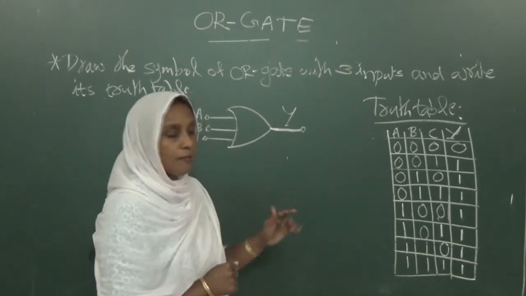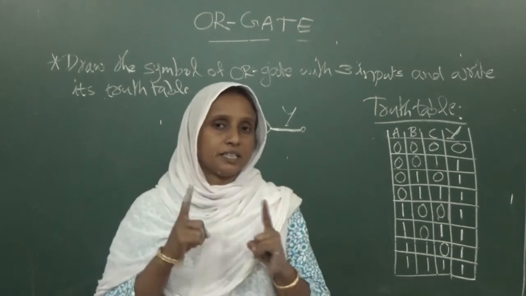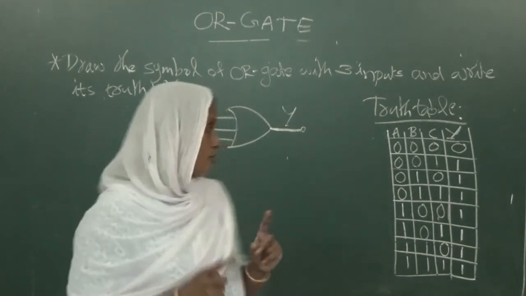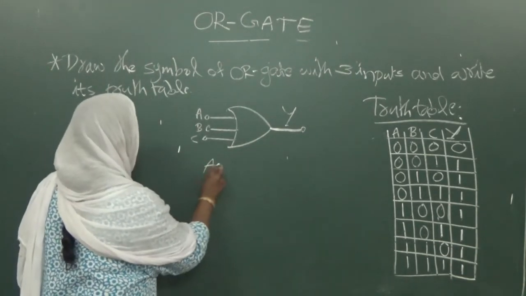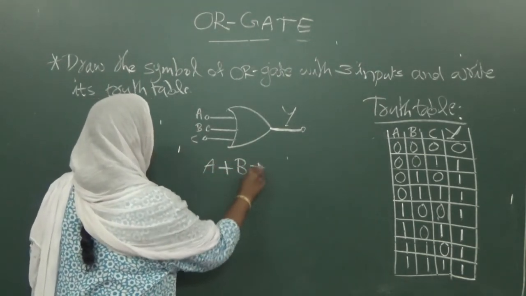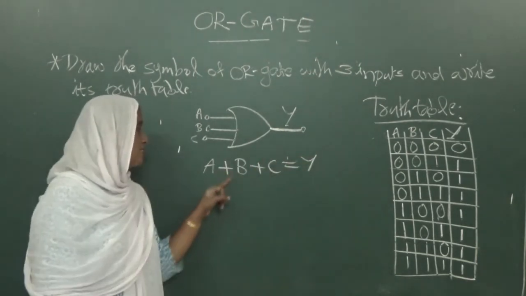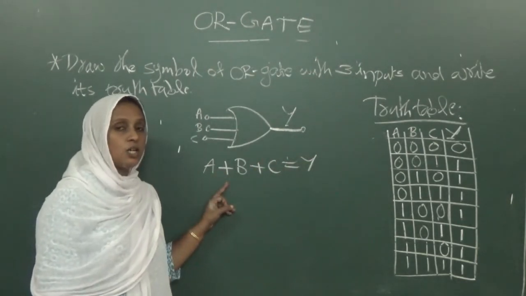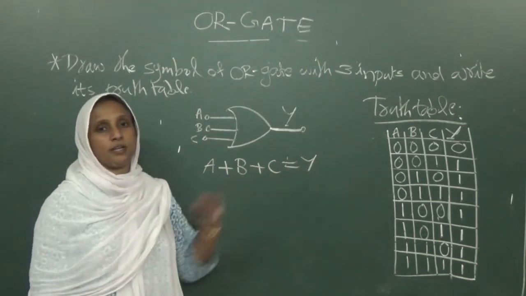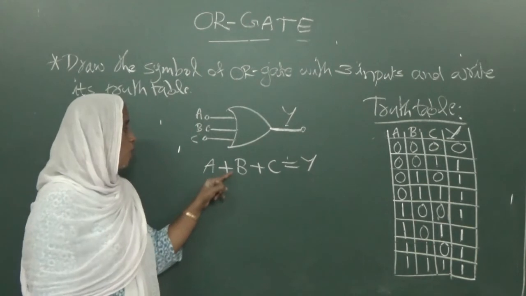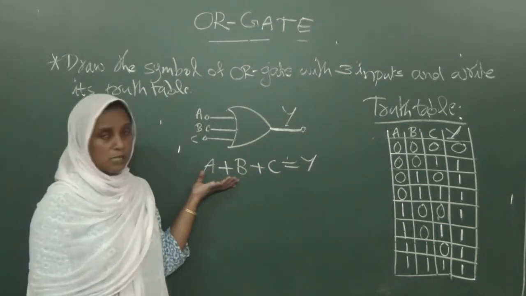Okay, that is the peculiarity of OR gate. Remember one thing, this logic is completely different from binary addition. Usually we write this expression as A plus B plus C equal to Y. Here this plus symbol represents not addition, but A or B or C equal to Y. That's what it means.